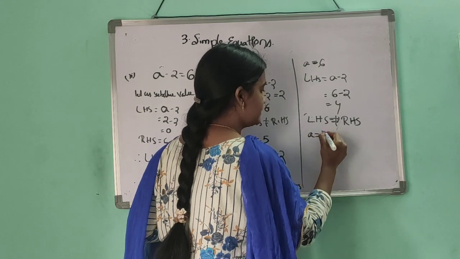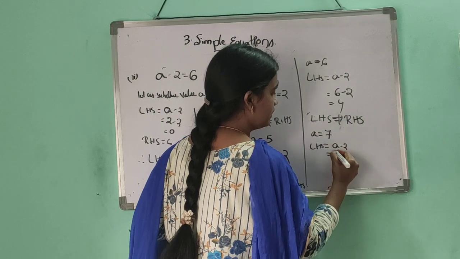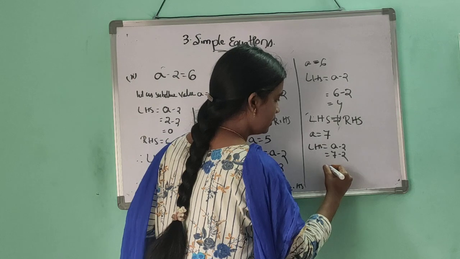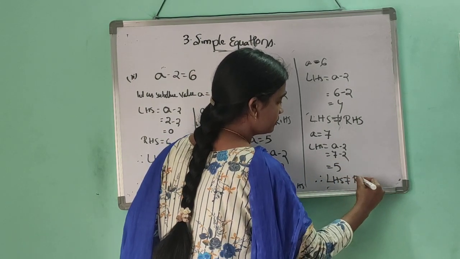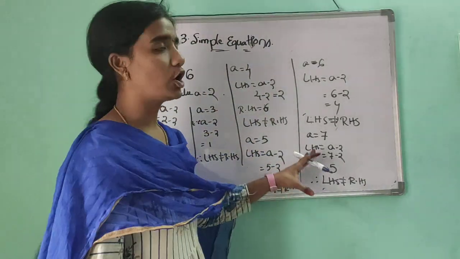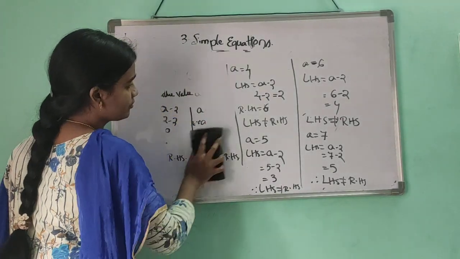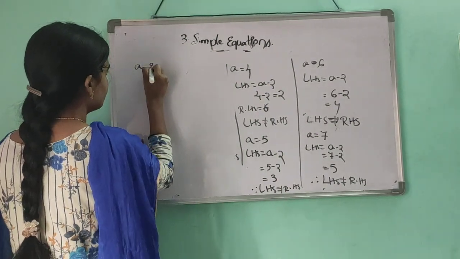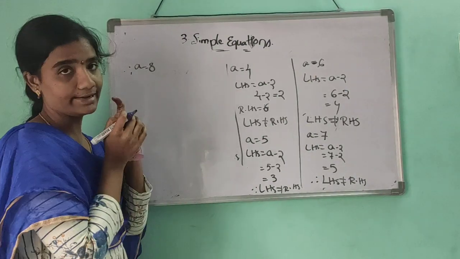Let's check with 7. LHS equal to A minus 2 equal to 7 minus 2, the answer is 5. This is also the same. LHS is not equal to RHS. So 7 is also not suitable for the A value. Let's go with 8. Let us take A value 8.